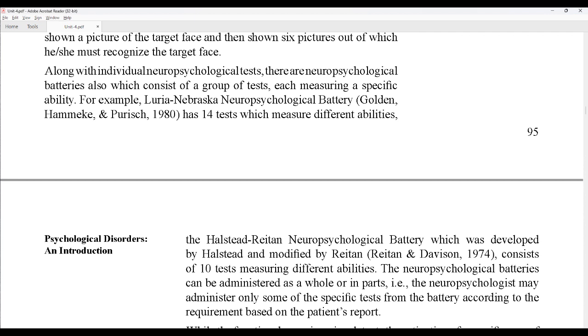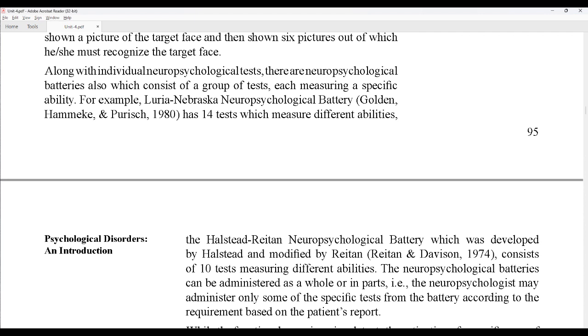Along with individual neuropsychological tests, there are neuropsychological batteries also which consist of a group of tests, each measuring a specific ability. For example, the Luria Nebraska Neuropsychological Battery, Golden, Hammeke, and Purisch, 1980, has 14 tests which measure different abilities.